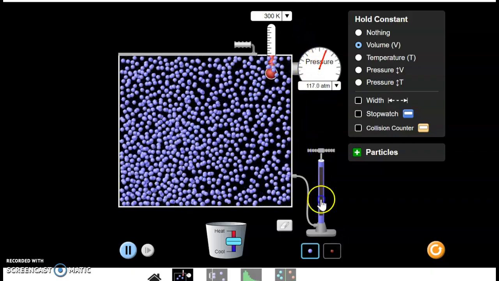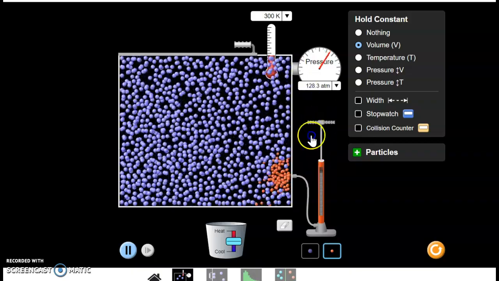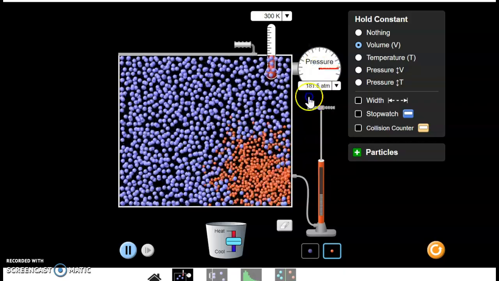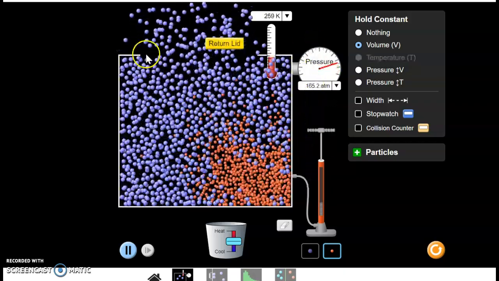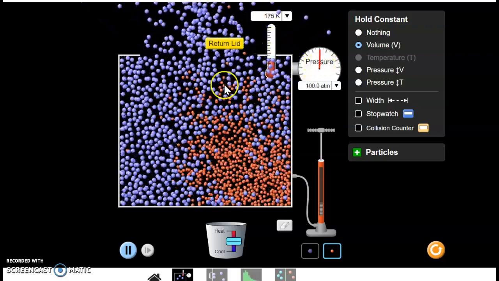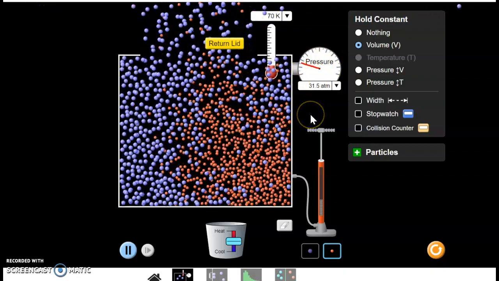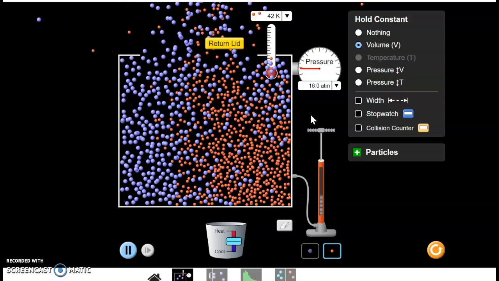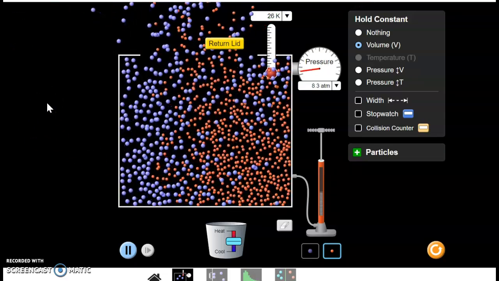But I'm pretty sure if I pump enough particles in here, pressure continues to rise. Yeah, there it goes. It has a release. So look at that. We have a bunch of the particles leaving and our pressure now is decreasing. It exploded out of there. All right. So those are the relationships I wanted you to see with this simulation.